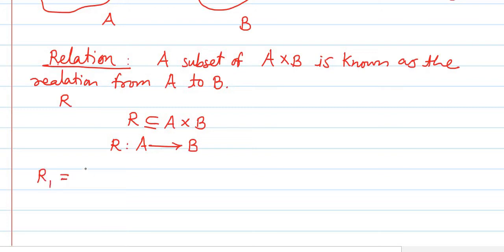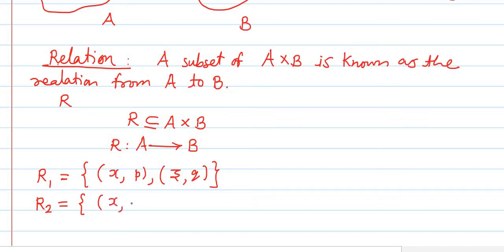Let R1 be the set which consists of elements (x, p) and (z, q). Then definitely this R1 is a subset of A cross B, and therefore R1 is a relation from set A to set B. Next, let us suppose that R2 is a set which consists of only one element, and that element is (x, q).